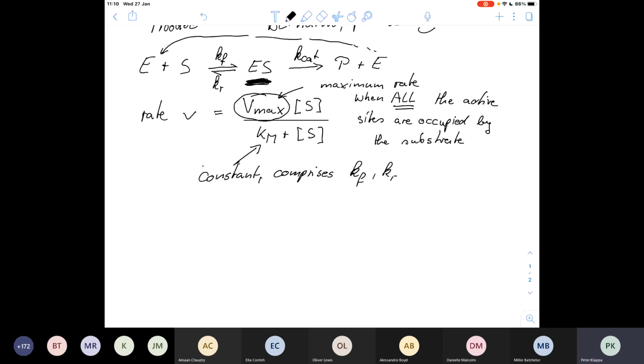It's made up of these three constants. This here is the rate of the reaction, and of course S is the substrate concentration. Substrate concentration. Okay, so that is the Michaelis Menten equation.